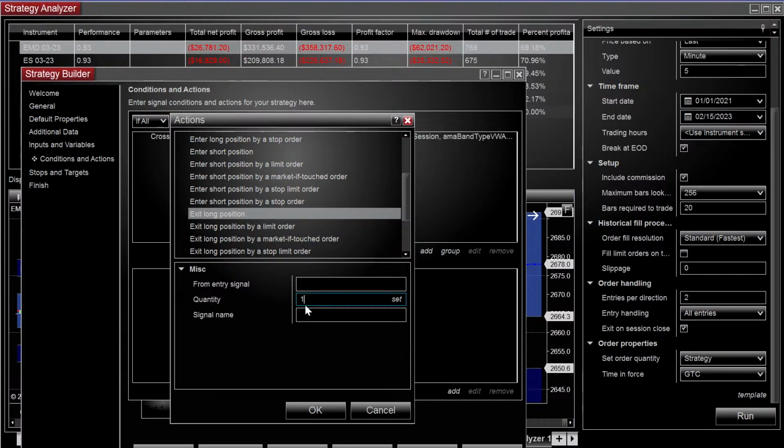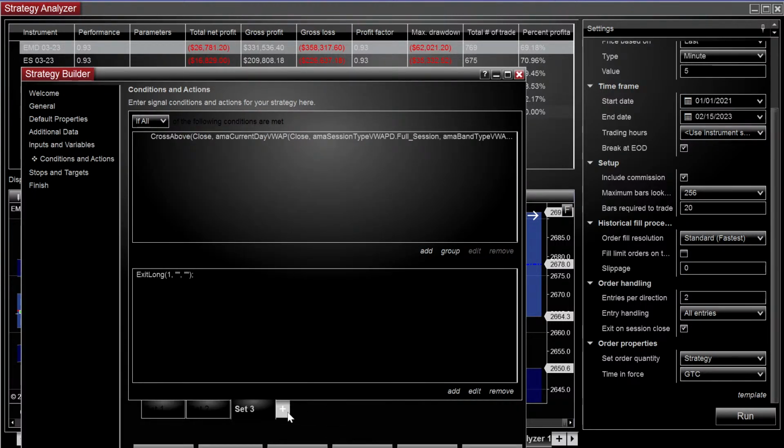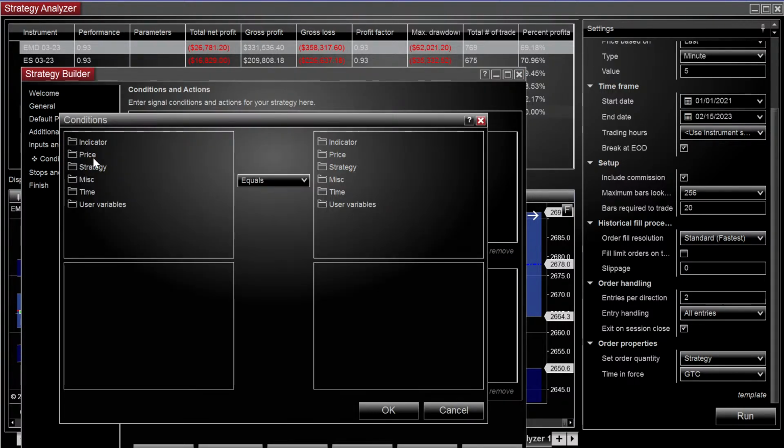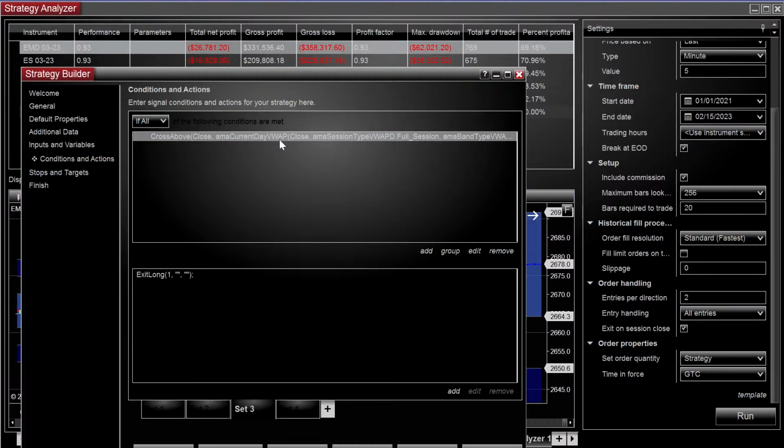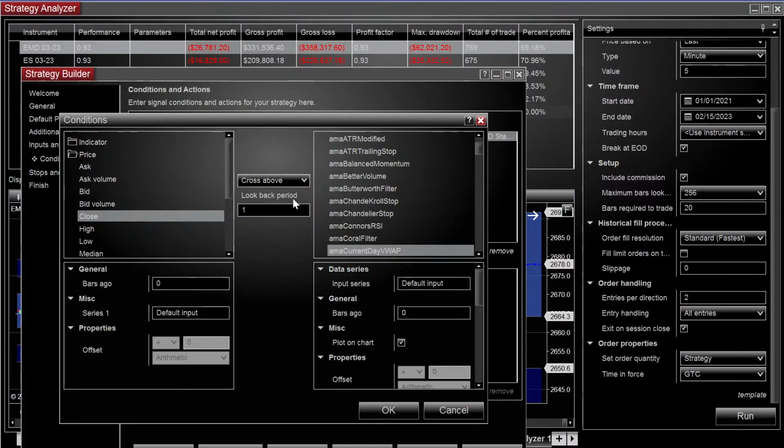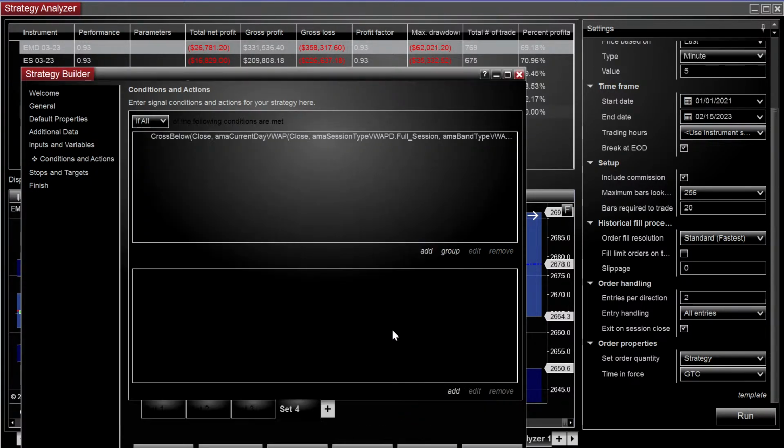Exit long 1, and then close cross below the VWAP.